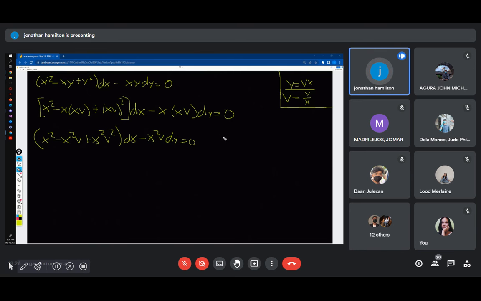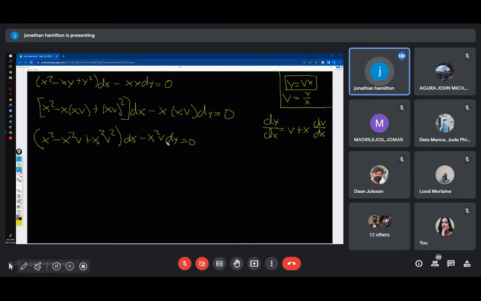So if namoy nabantay ani na atay dy pero wala tay variable y. So para makuha nato ning dy, pwede nato ni siya i-derive ang atong y is equal to vx. And then since product rule man sila, we could say na dy over dx is equal to v plus x dv over dx.